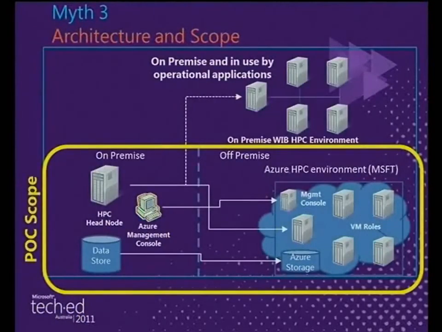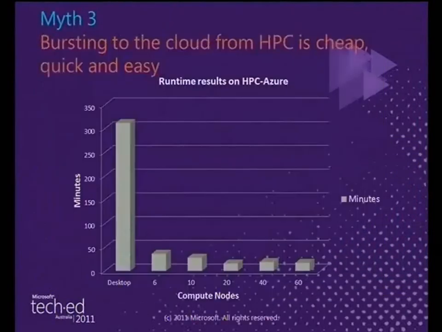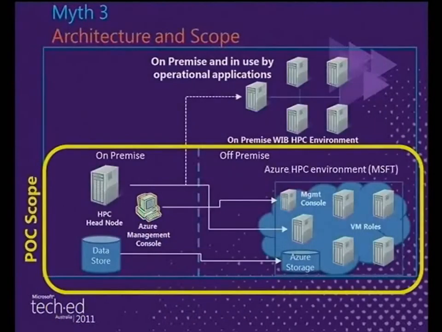The architecture for this, at a high level, is like this. The scope of the POC that was built is extending on the initial piece that we looked at. The first architecture that I showed before was really HPC with the on-premise equipment and the head node. We've augmented that with the Azure Management Console and the virtual piece out here, the cloud.